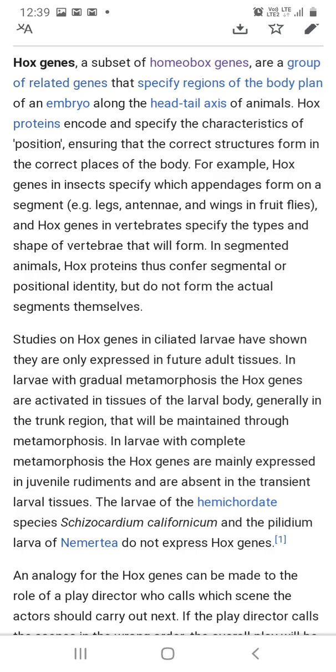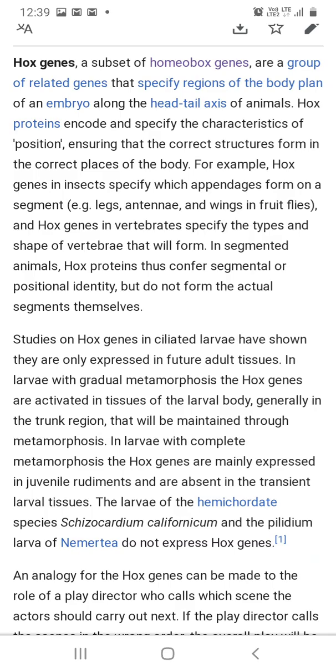The Hox genes in insects specify which appendages form on a segment, for example, leg, antenna, wings in fruit fly. And Hox genes in vertebrates specify the type and shape of vertebrae that will form in segmented animals. The Hox proteins thus confer segmental or positional identity.